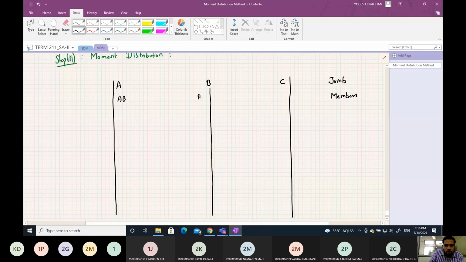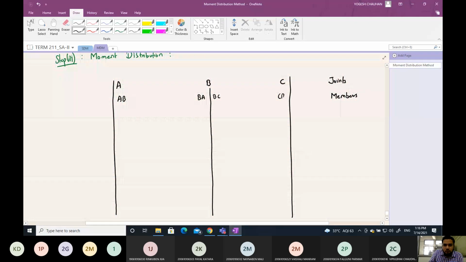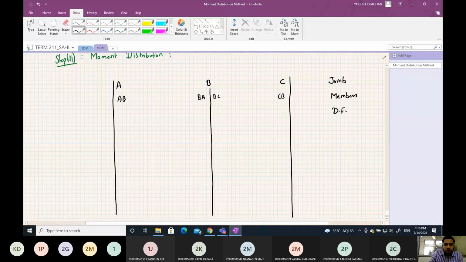B is connected to BA and BC. C is connected to CB. Next, we write the distribution factors of these members. For AB, the distribution factor is 0. For BA, it is 0.571, for BC it is 0.429, and for CB it is 1.